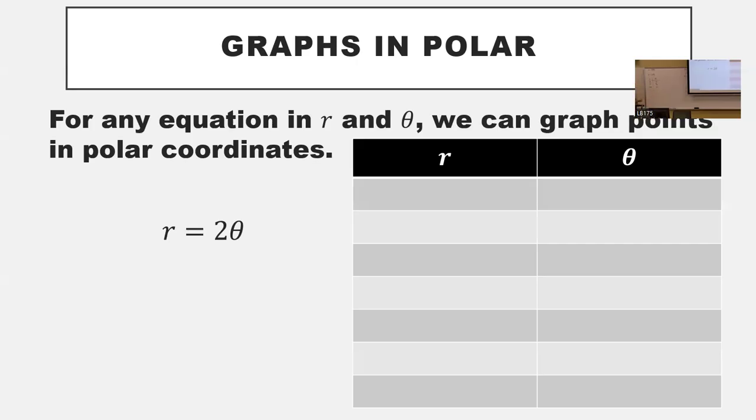If I put in a theta of 3 pi over 2, then r would be 3 pi. If I put in a theta of 2 pi, r would be 4 pi. Let's do just one more. Let's do 5 pi over 2. So plug in 5 pi over 2, r would be 5 pi.